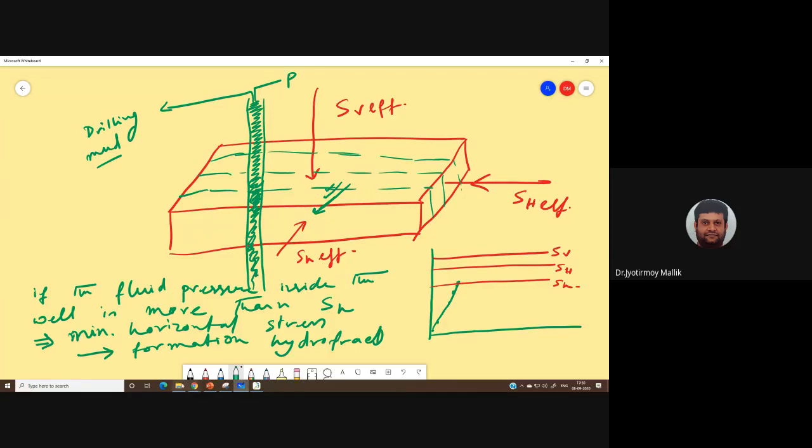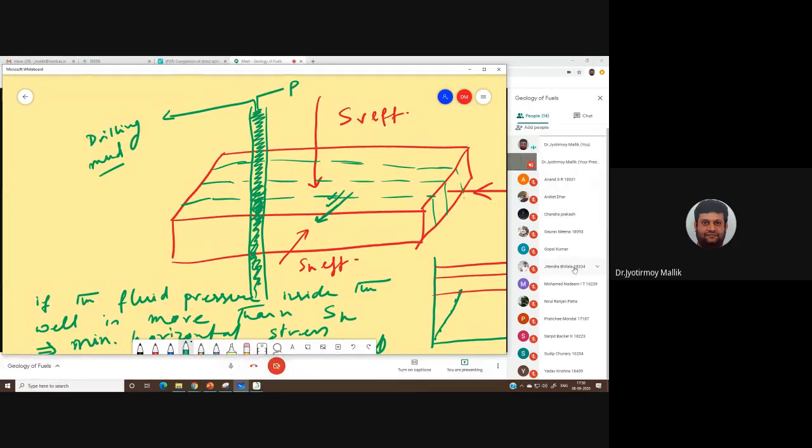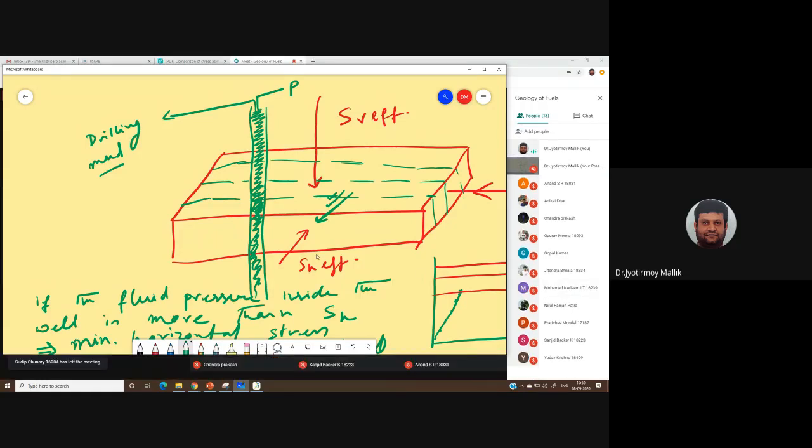Is that concept clear for everyone? Can I just ask? What happened? Why is everyone leaving? Jitendra, was it clear for you what we discussed?